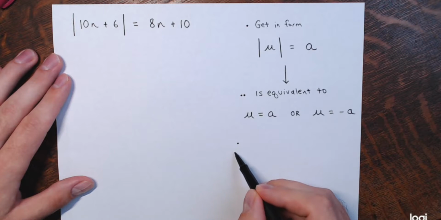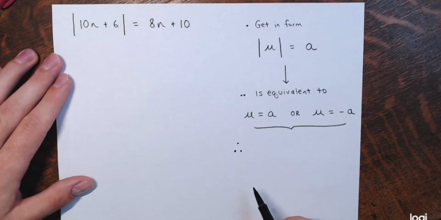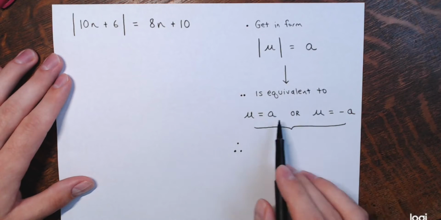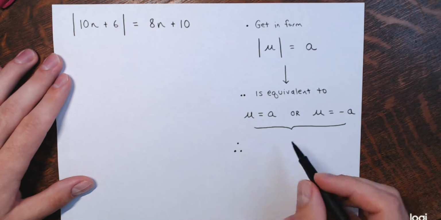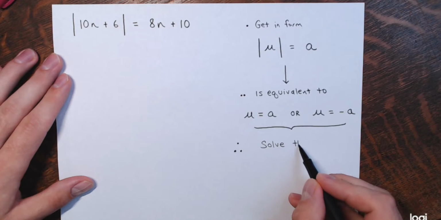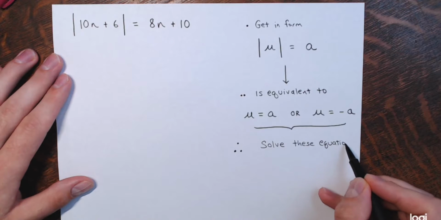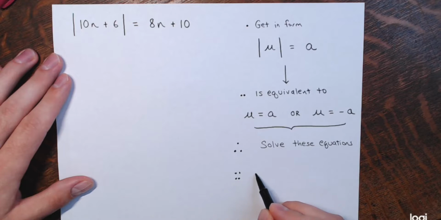Right, then the third step is to solve these equations, right? So you're going to take an absolute value equation, write it as two separate equations without absolute values. You solve these resulting equations. And then, of course, check your solutions.